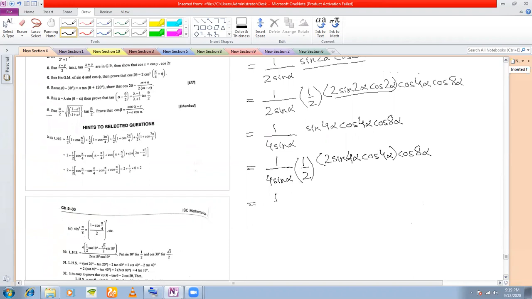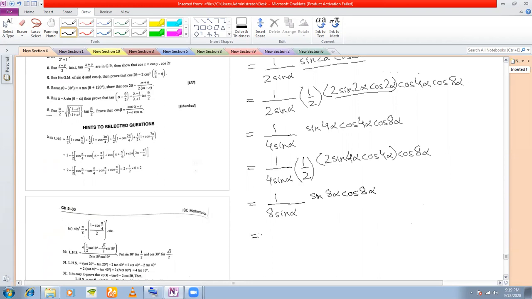So this becomes 1 by 8 sine alpha, and 2 sine 4 alpha cos 4 alpha becomes sine 2 into 4 alpha, which is 8 alpha, sorry, sine 8 alpha, not cos, into cos 8 alpha.